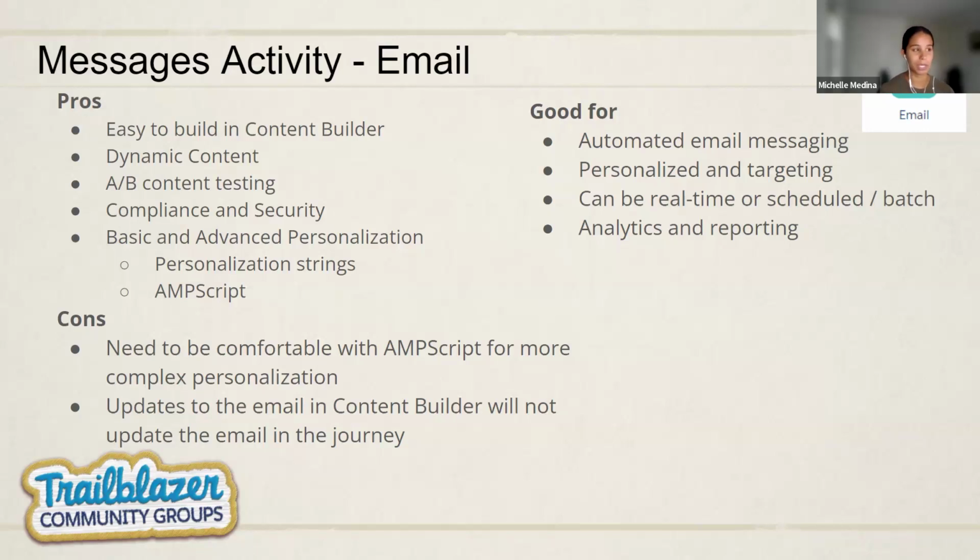So the email activity is really good for any automated email messaging. You have that personalization, and you can target a segmented audience that you want to target. It could be real time. You could also schedule and batch depending on the journey schedule and the entry source. And then also you have visibility into analytics and reporting within those emails as well.